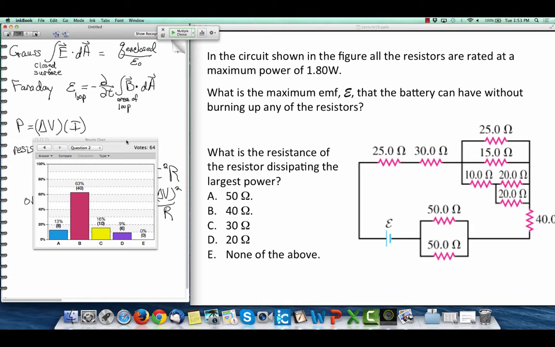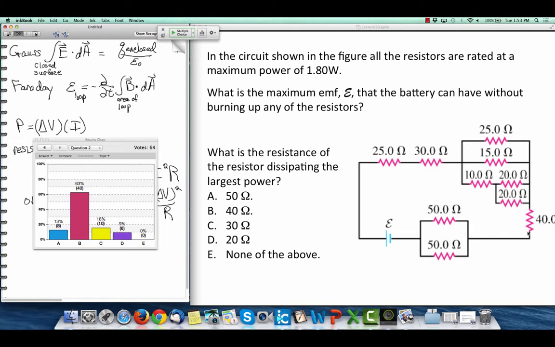And if you look at which of them have the biggest current, I hope that you would pin that down really quickly to this 40, that 30, and that 25, which all have the largest current. They all have equal current, in fact, and the largest current. And so from that set, you would say the 40.